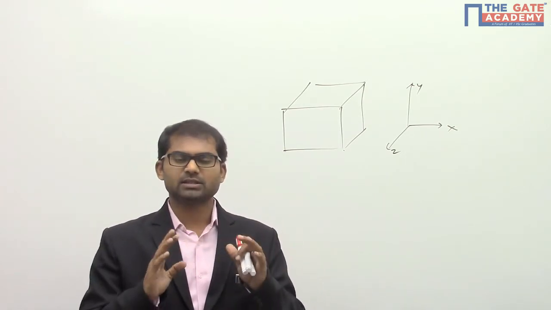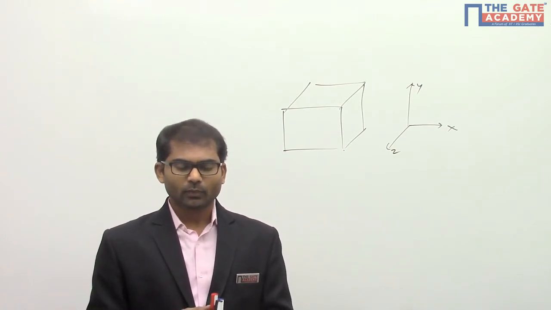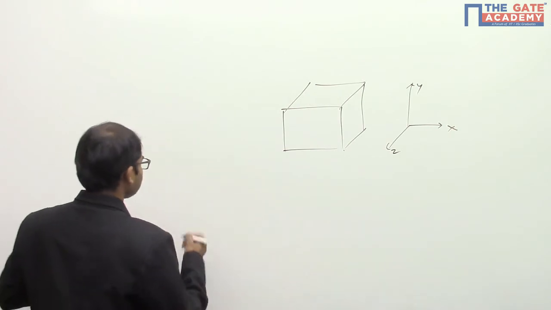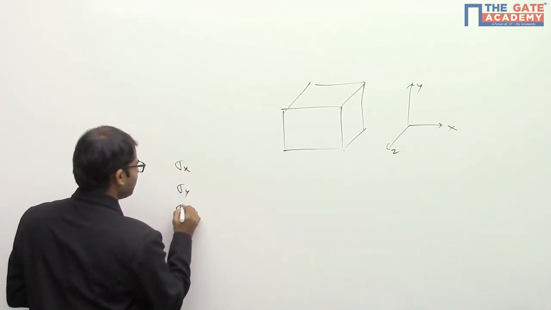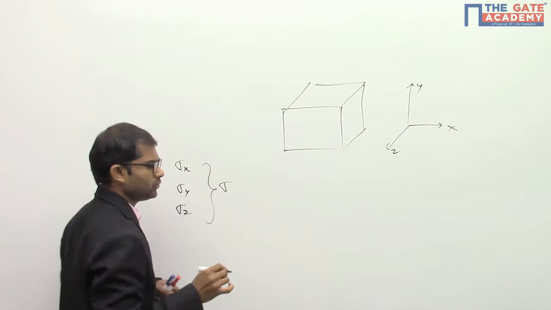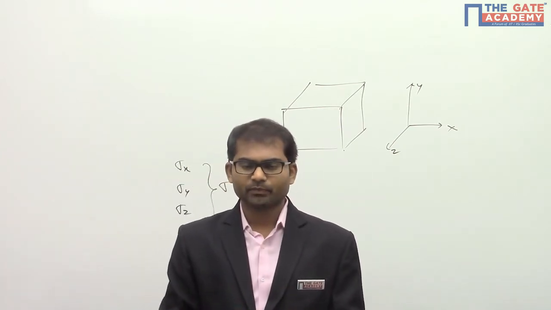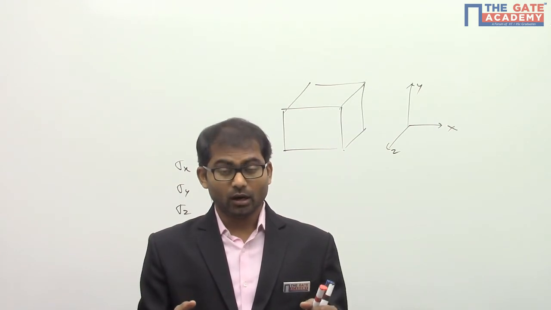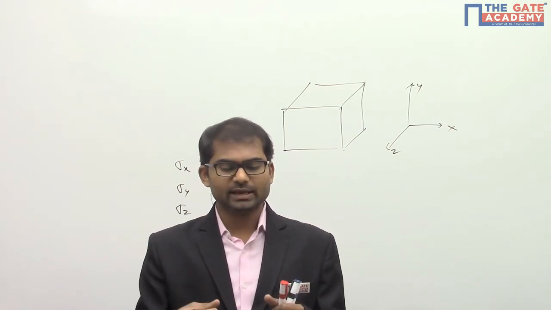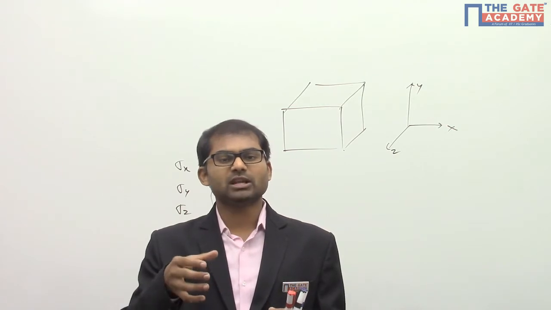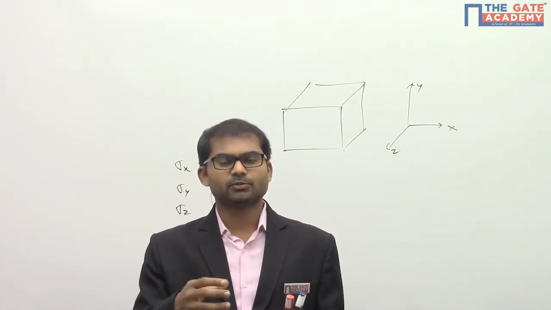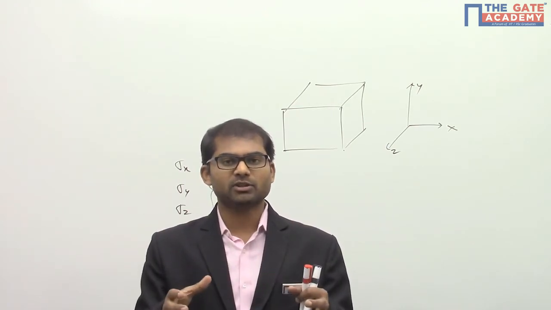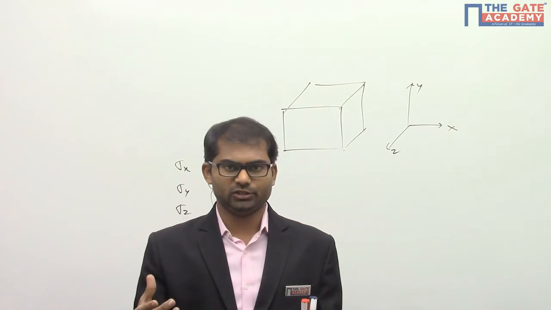Sigma x, sigma y, sigma z, all are there. Now, the important thing to keep in mind is that sigma x, sigma y, sigma z are all equal to some value sigma. Why? Because this stress is produced because of restriction of thermal expansion, and the thermal expansion happens due to temperature change and is proportional to it.